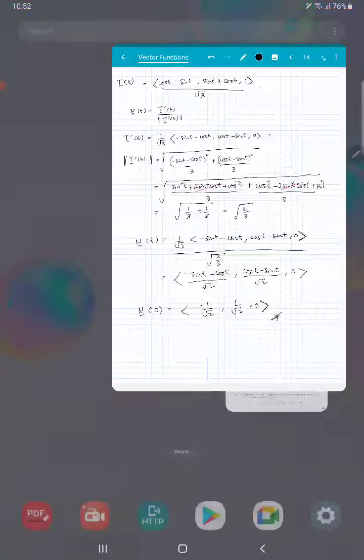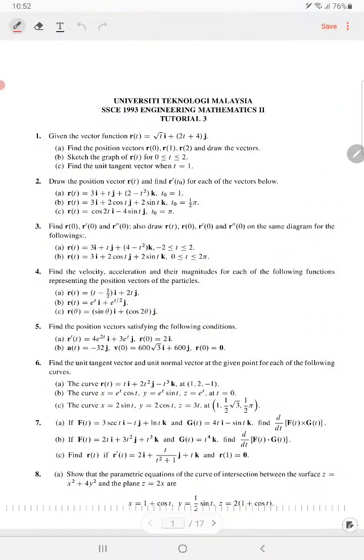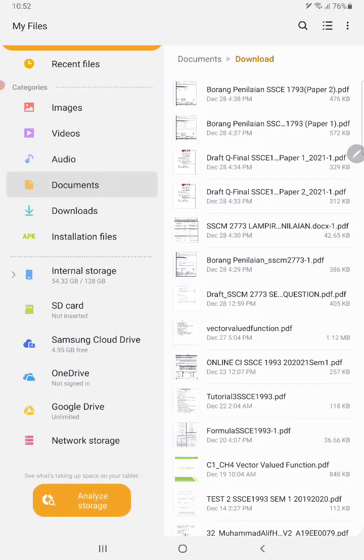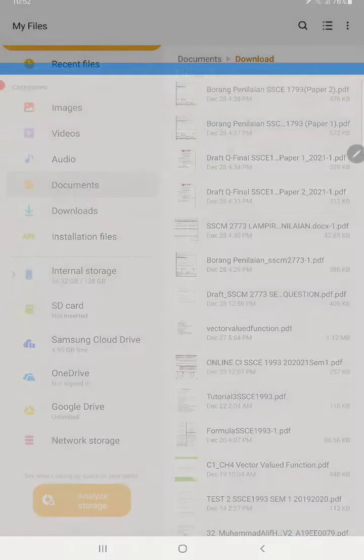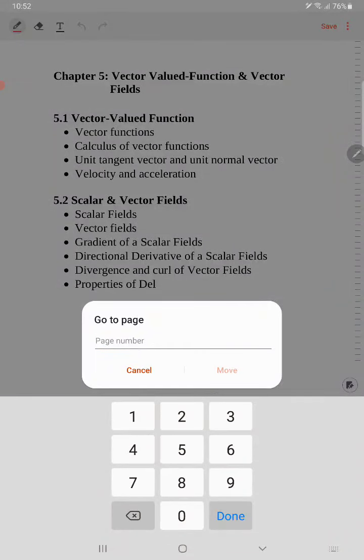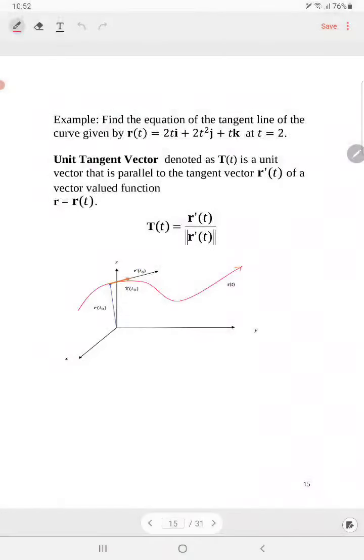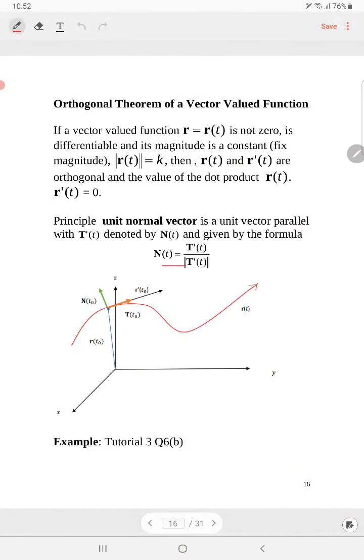And remember from before, we know that the unit tangent vector and unit normal vector are perpendicular to each other. Remember this, right? Because N is parallel to T prime, but T prime and T are orthogonal, which means the unit normal vector and unit tangent vector are perpendicular to each other, which means that the dot product is 0.